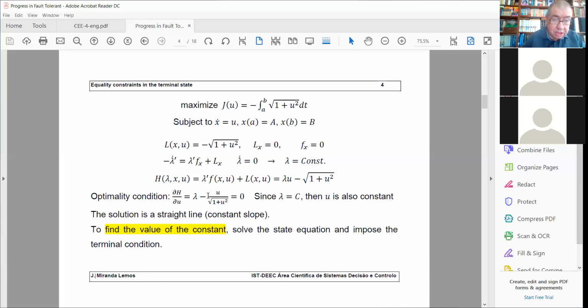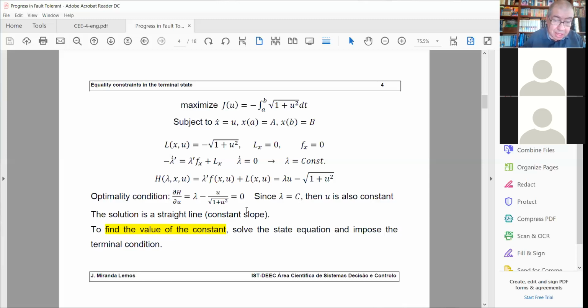So if u is constant, remember that u is the slope of the curve. According to your theory, the solution must be a straight line. Now, which straight line?